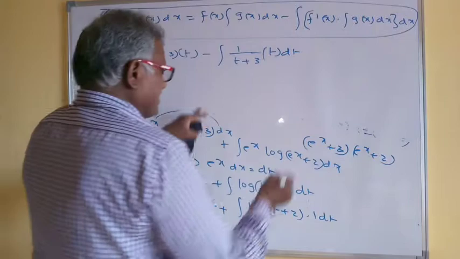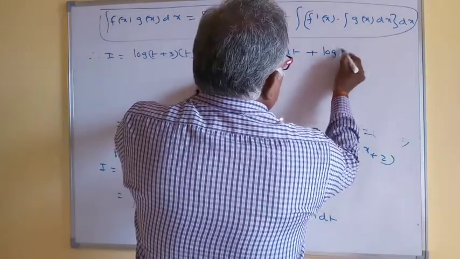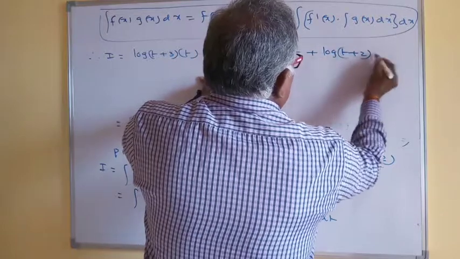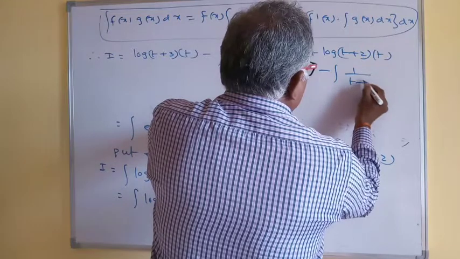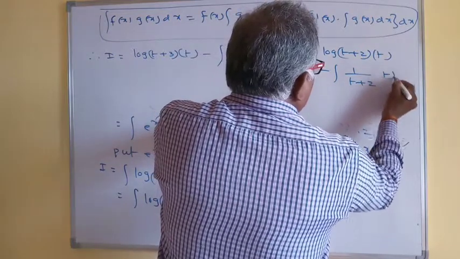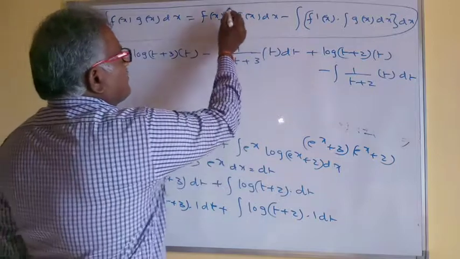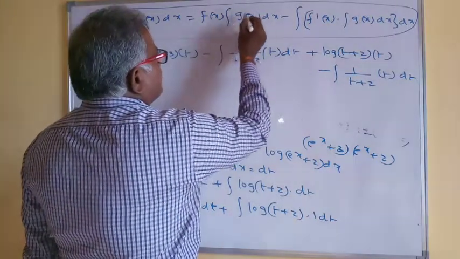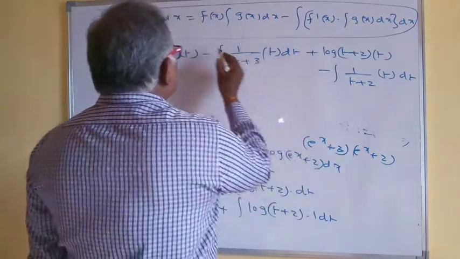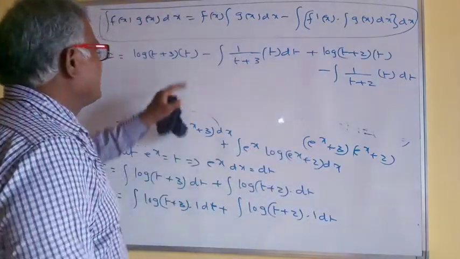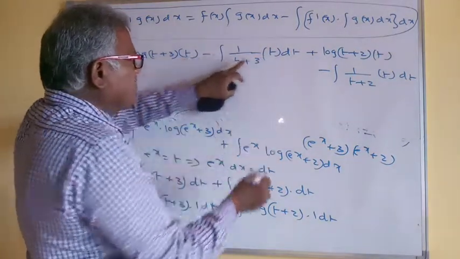Next for this one same: first function into integral of second function minus first function derivative into integral of second. Whatever the function here, integral of this one, this same value may appear here. So for this one, integral t, so that's why t will be repeated here.